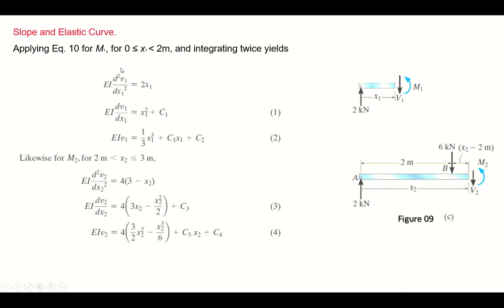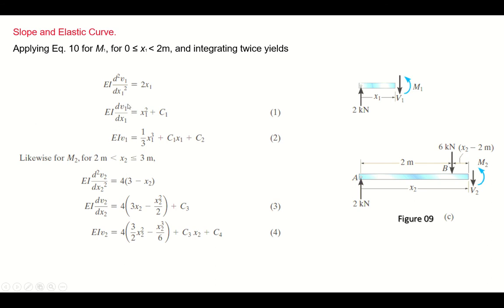When we integrate this, the d square is converted to d mu 1 divided by dx1. And when we integrate x1, the power becomes 2 and we divide by 2, so the 2 cancels with this 2, x1 square is there, and a constant will be added to this equation, if you know the procedure of integration.